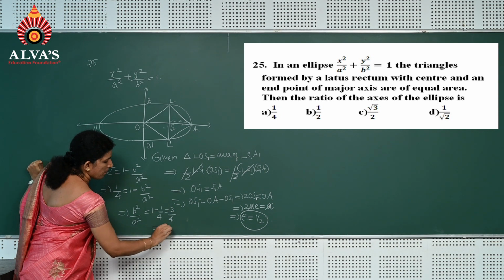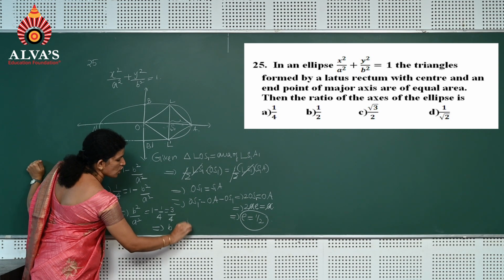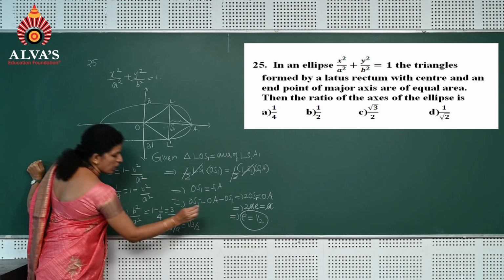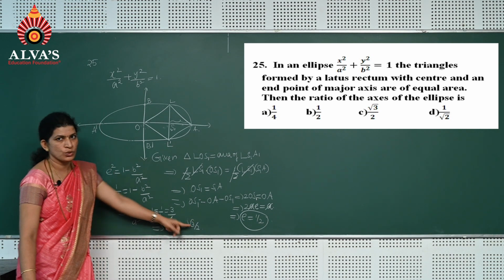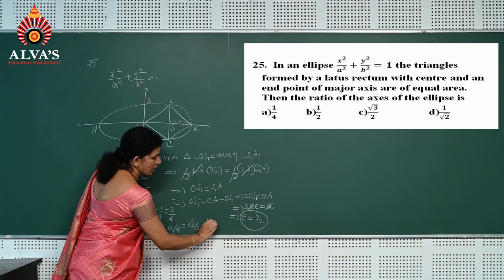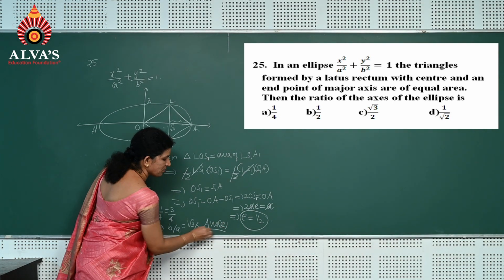So B by A equals root 3 by 2, that is the ratio of the axes is root 3 is to 2. So the answer is C.